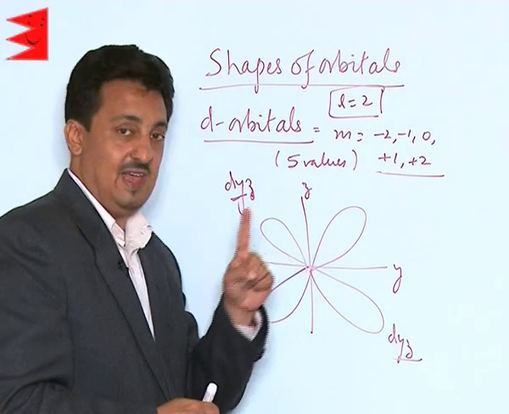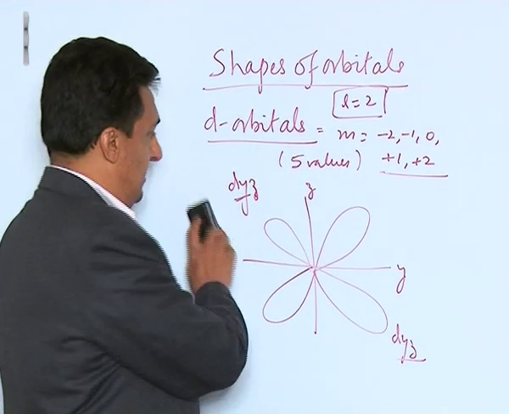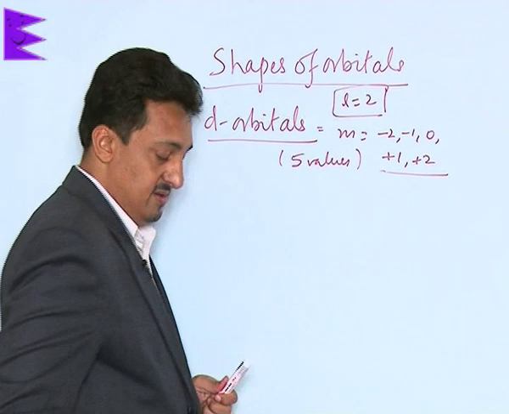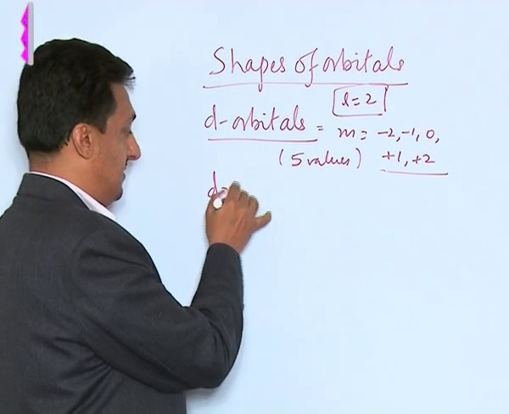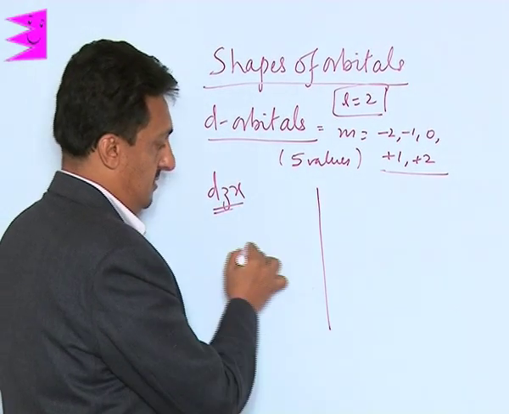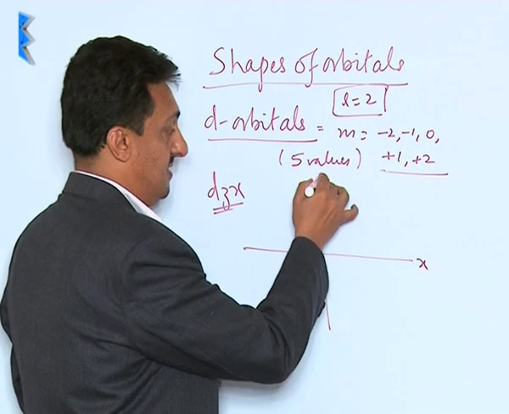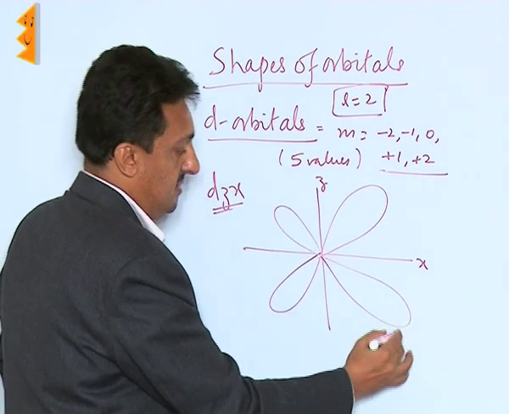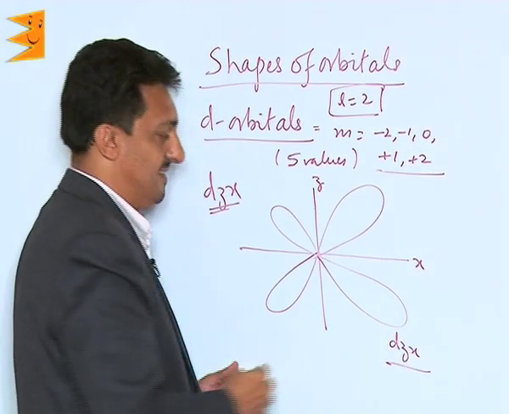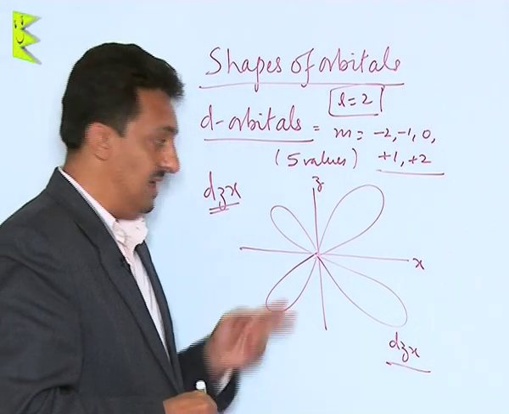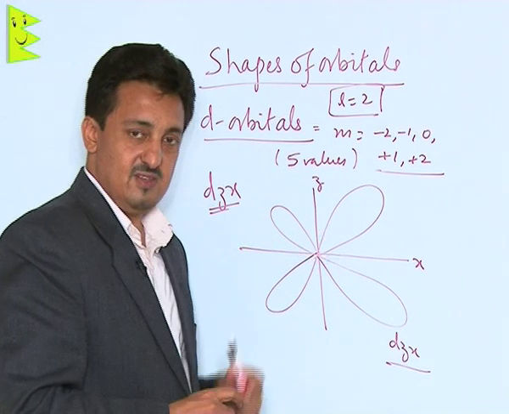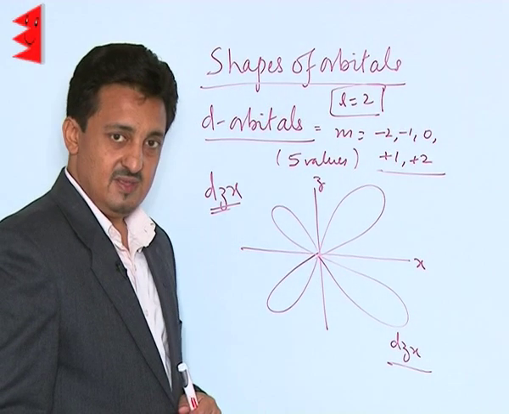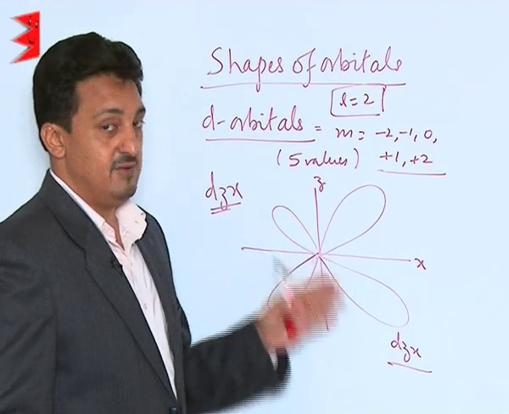They are not aligned along the axis. Next one, the dzx. If this is x, this is z, this is dzx. Again aligned in between the axis, not along the axis.